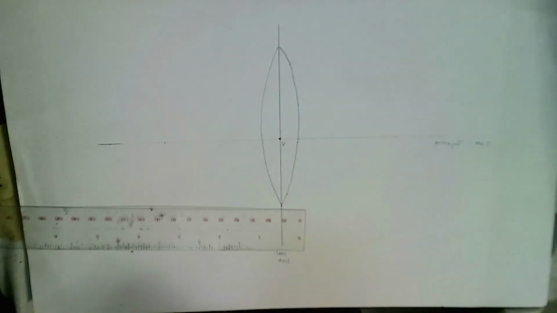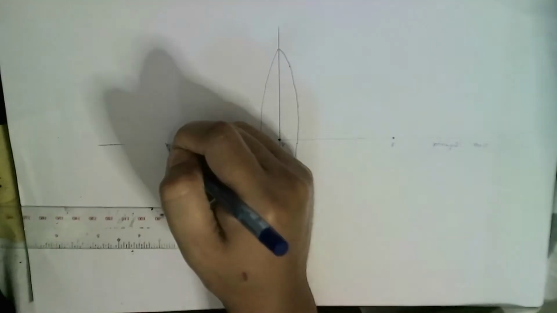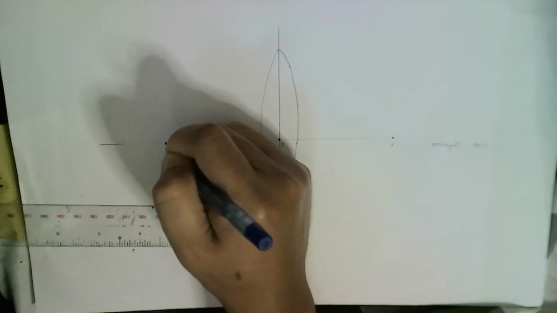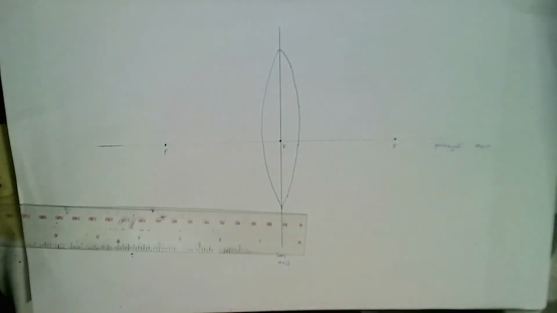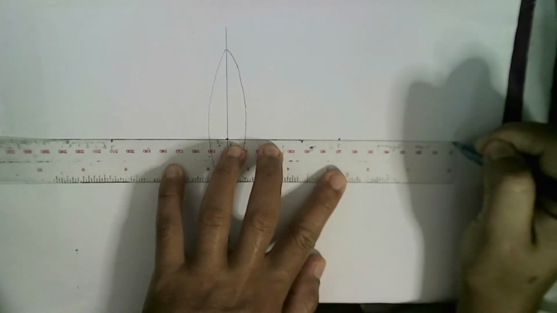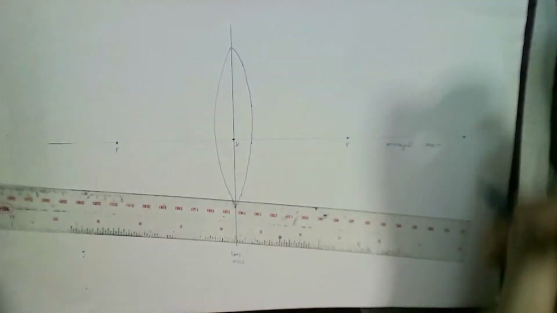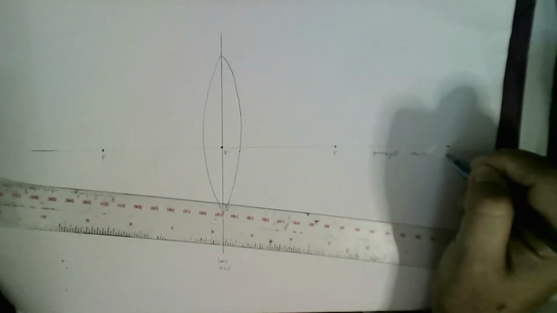And this point would therefore be your F, your focal point or your focus. And then 7 centimeters still from there is another point that we call twice the length of the focus, so 2F.